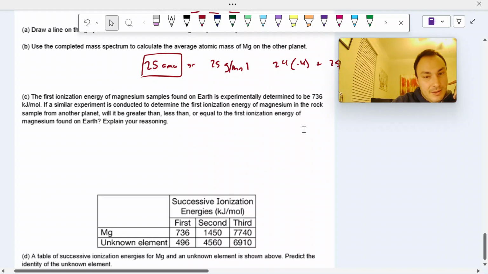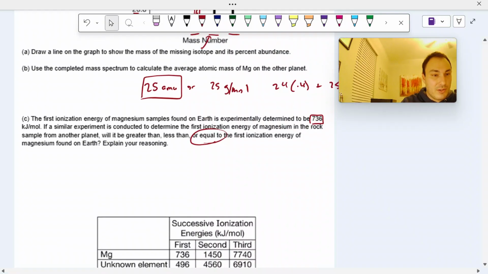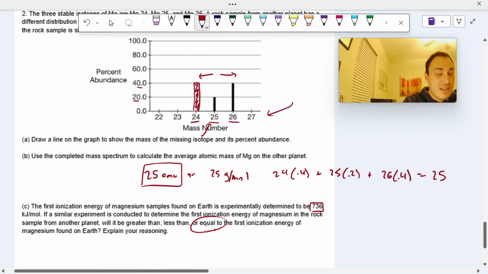Okay, so it's saying that on Earth the ionization energy is 736. And it's asking, will the ionization energy of this magnesium on this other planet be greater than, less than, or equal to? It's just going to be equal to. Ionization energy doesn't depend on neutrons. These are isotopes.